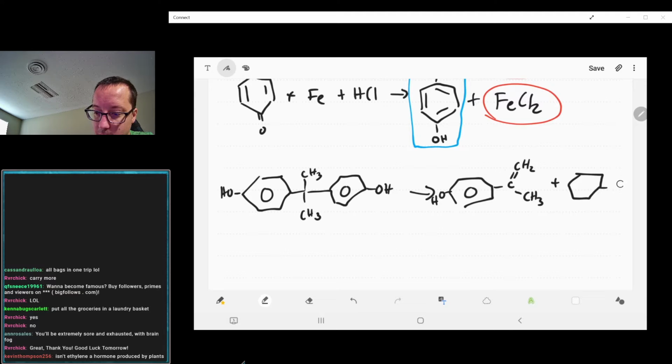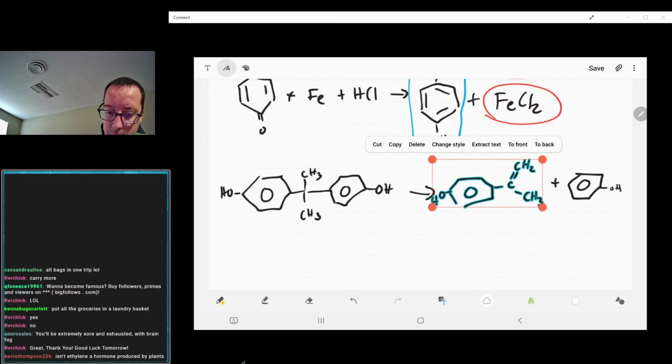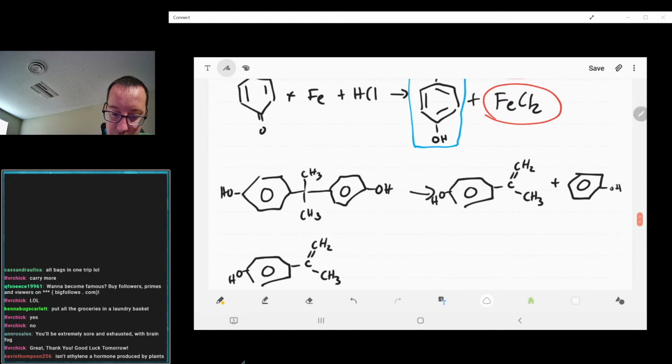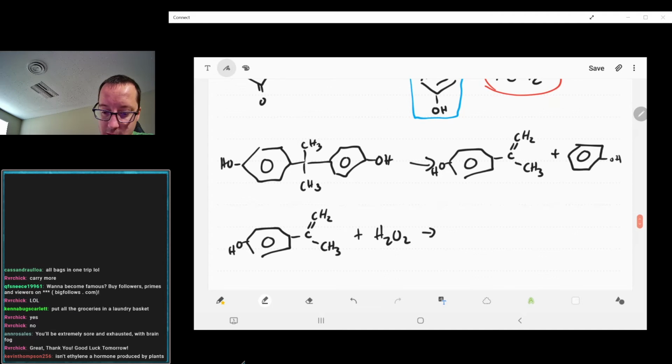Oh my goodness. And what's interesting here is now if we take this product that we made, the second step here, if we take that and add hydrogen peroxide, we end up getting our desired product. Same product as before, and we get acetone out.